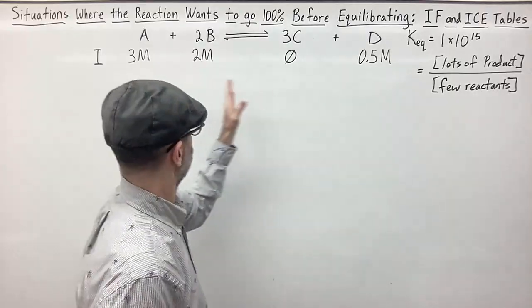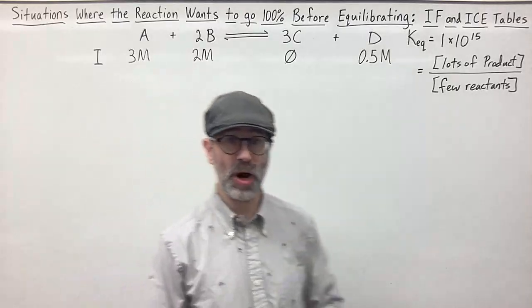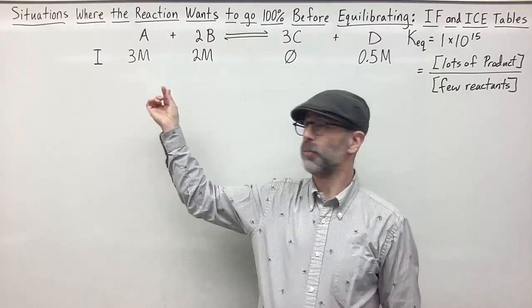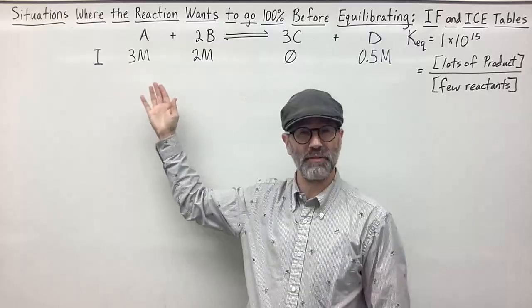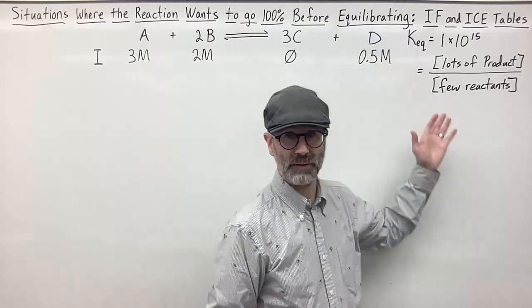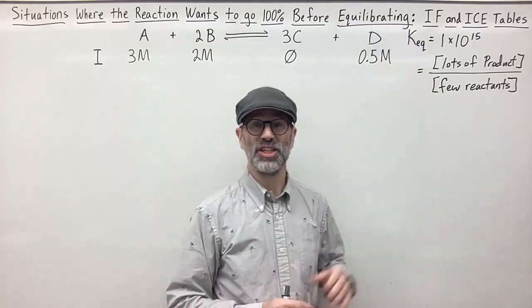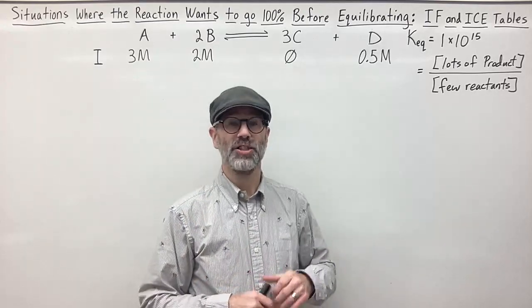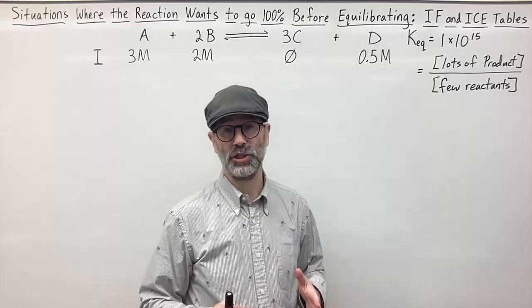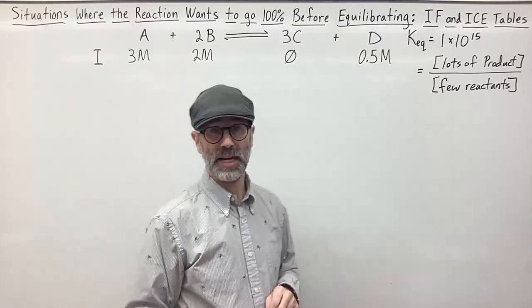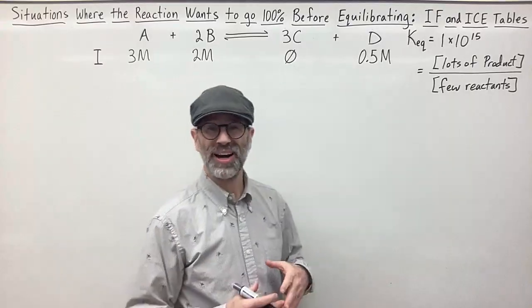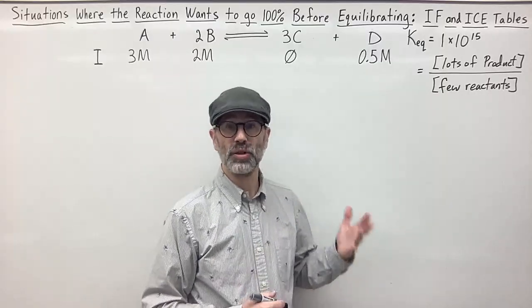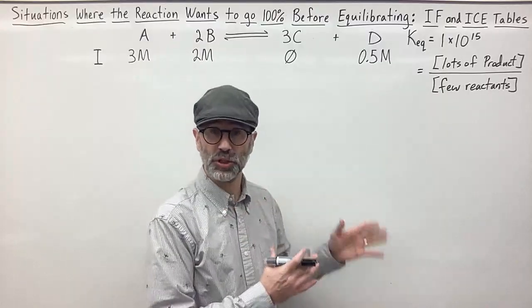I have way too much product, so this is going to shift in such a way that at equilibrium, I'm going to have a very tiny amount of this and a whole lot of this. That means that the change, the X, is going to be very large. So it can't be negligible, and our X is negligible assumption will not work like we normally do.